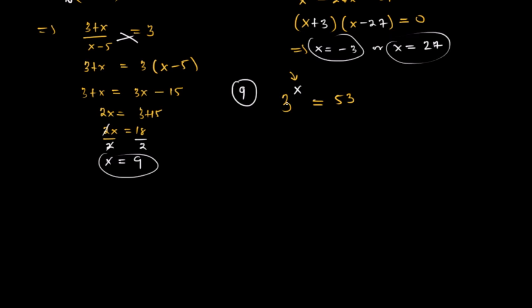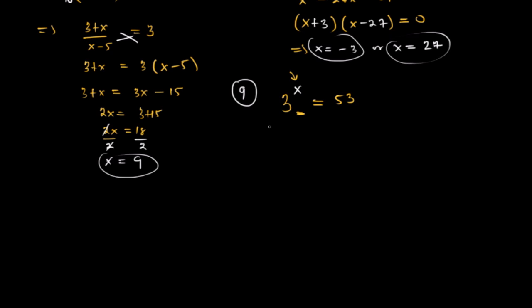But it is very difficult for us to do anything, because the unknown we intend to solve for is not at the base level, and it should be. So the best thing to do is carry out an operation that is going to bring it to the base level.